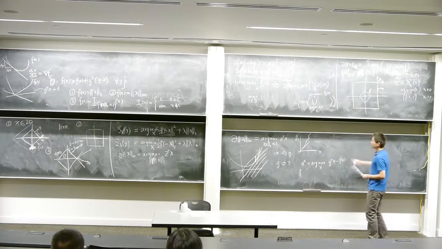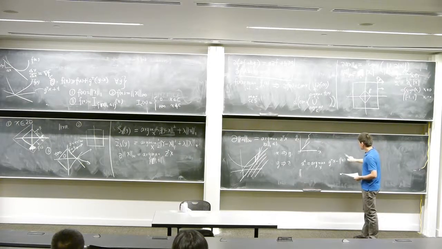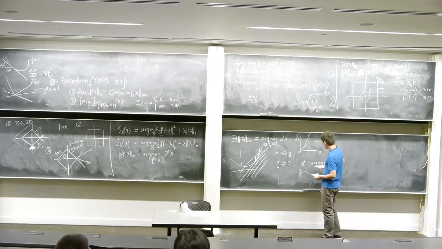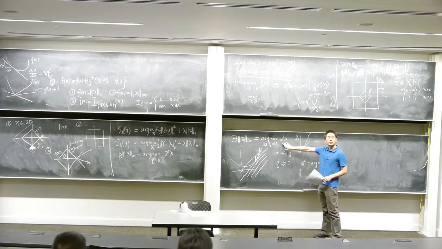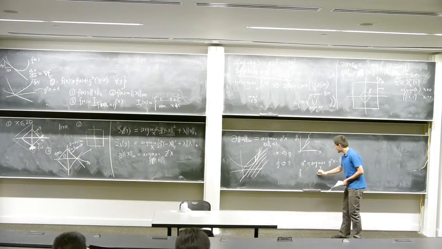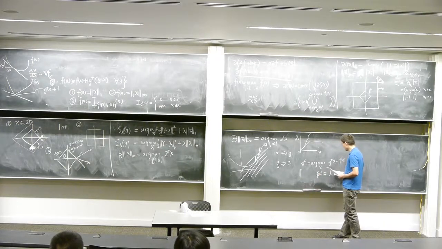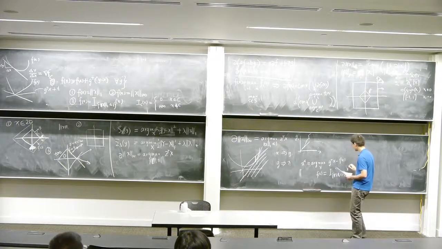Now, if we compare these two equations, if we just take f of x to equal the indicator of this set, do I need to change a variable here?